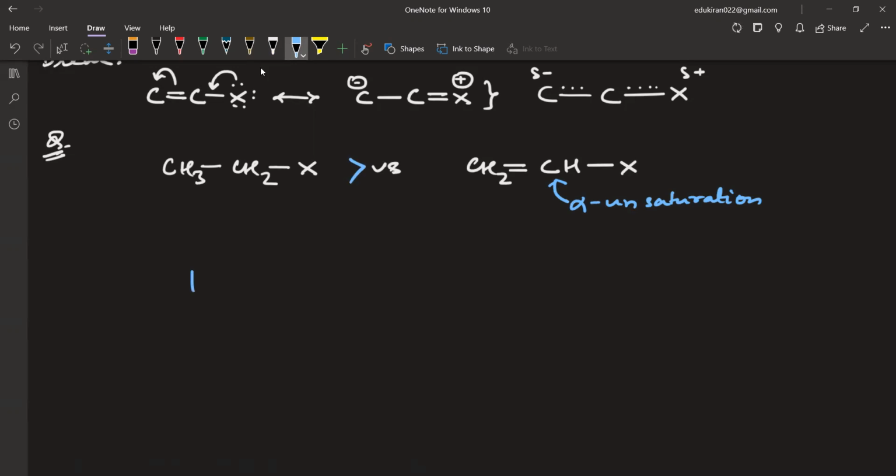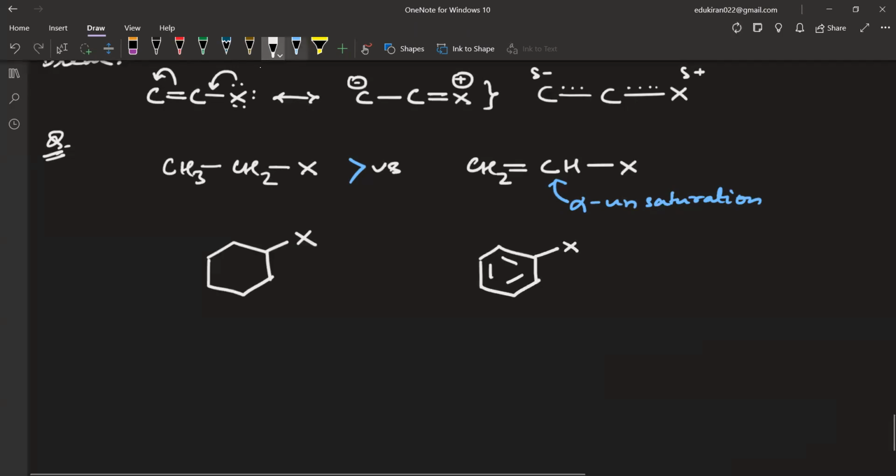Also, if you have something like this, versus a benzene ring attached to a halogen atom, look at this particular carbon atom here. This carbon atom has a pi bond, right? This is the pi bond here.